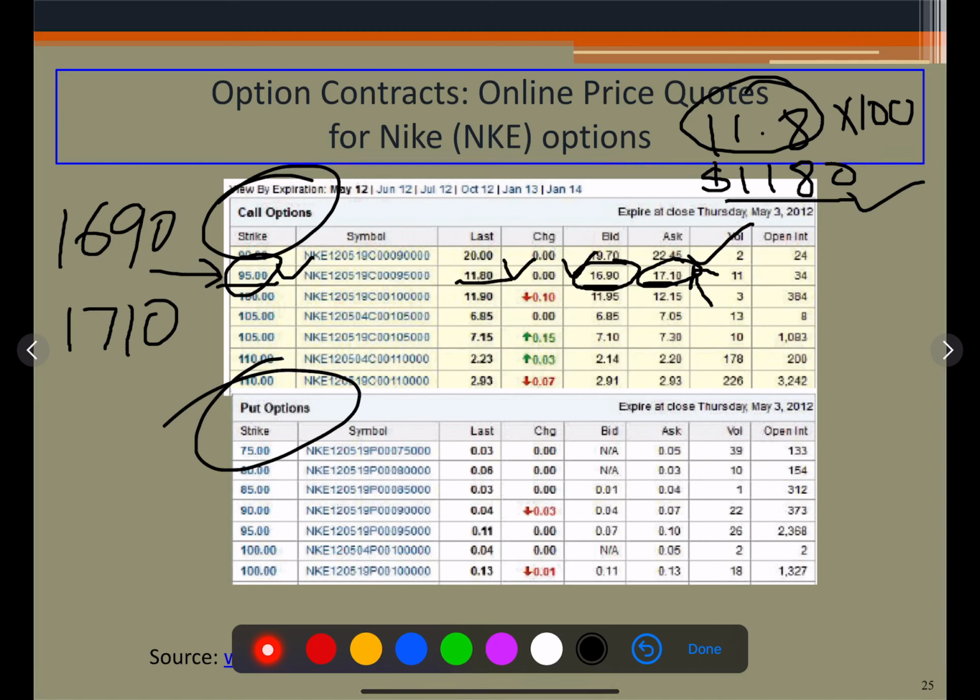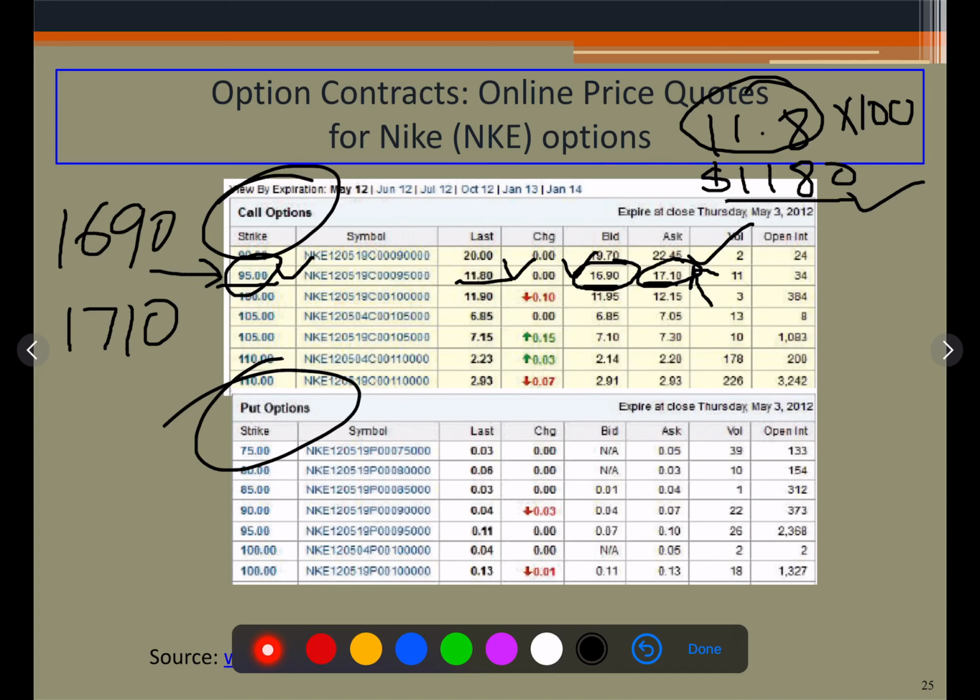So for 100 shares, 16.9 multiplied by 100, it will generate a $1,690 premium, which he needs to pay me. So I need to pay him more if I'm buying the call option contract, and if he's buying the call option contract, then the dealer will be paying me less premium.